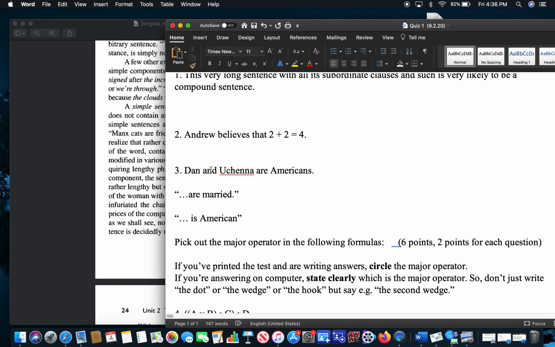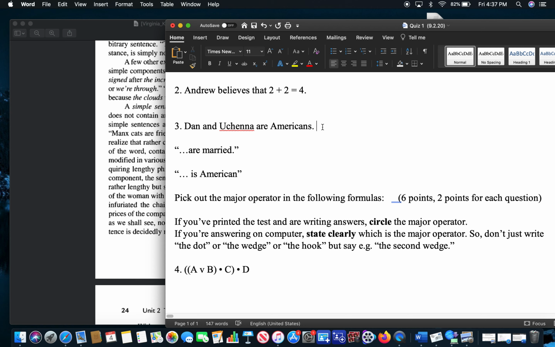So here we have a compound subject, and this is logically equivalent to, that is, sentence 3 can be paraphrased as, "Dan is American and Uchenna is American." The truth conditions of this original sentence as stated and the paraphrase are exactly the same. The truth conditions for the two sentences are the same.